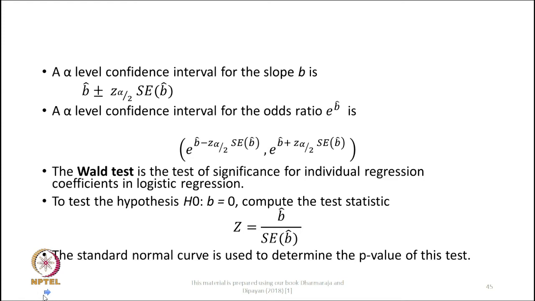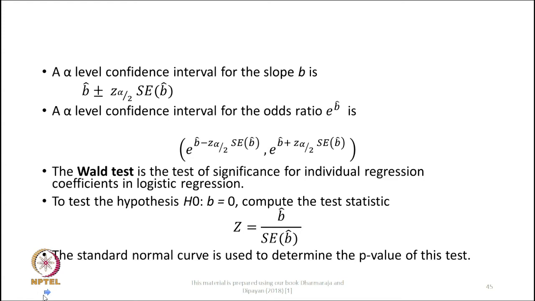Here I am using the form A plus Bx, while in regression and correlation we discussed beta naught plus beta 1 x. Both are one and the same. So, we can find the confidence interval with level of significance alpha for the slope B.